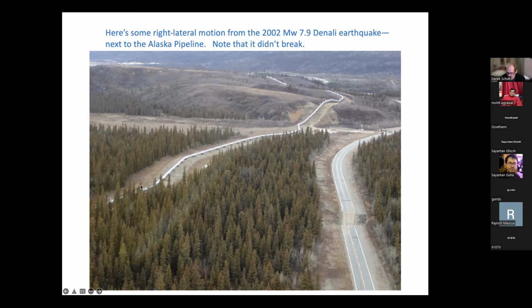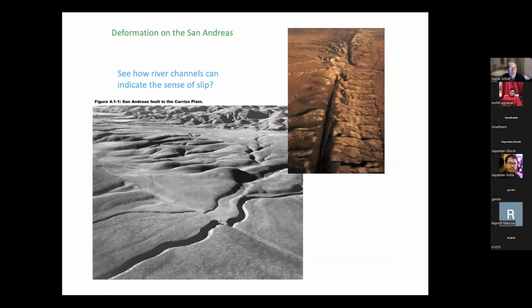So that is good. We can also look at river channels to indicate the sense of slip. Here's a river channel, and it's been offset to the right with respect to this part of the channel. And same thing here, we have a river channel going like this.